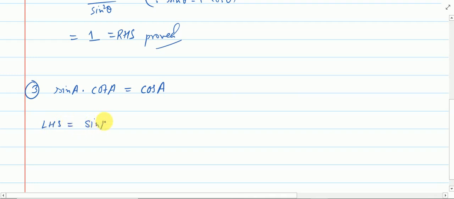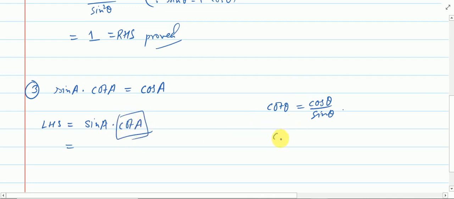So sin A into cot A. Now you know the relation between cot theta, sin theta and cos theta. Cot theta is given by cos theta by sin theta. Since here we have cot A, then we'll get cot A is equal to cos A upon sin A.